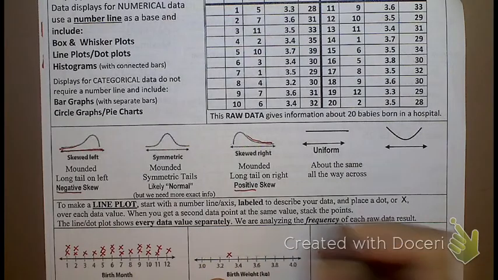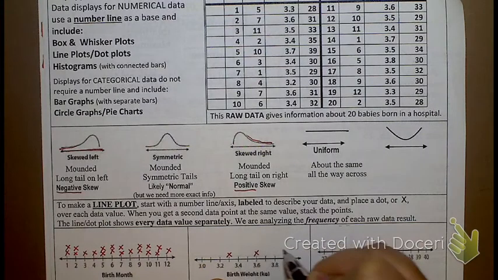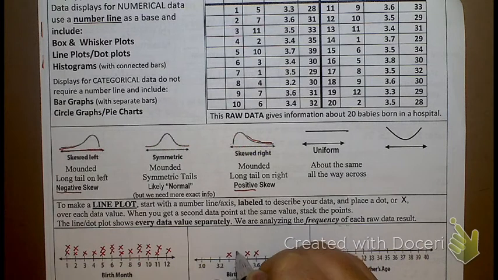Baby number 2 is 3.6. Then we have 3.5, 3.4.